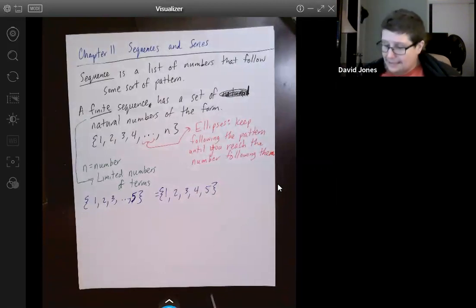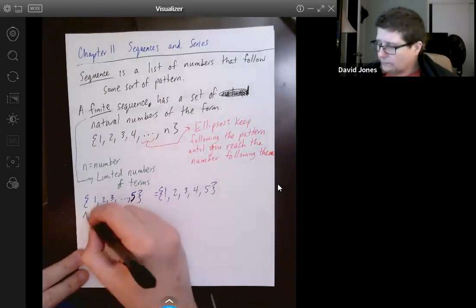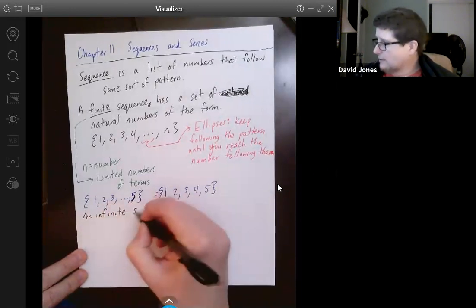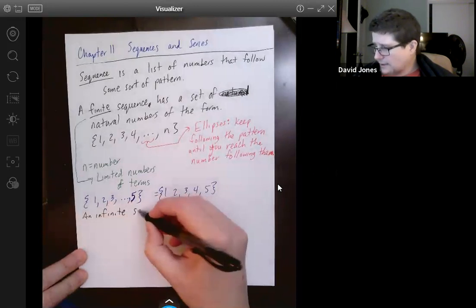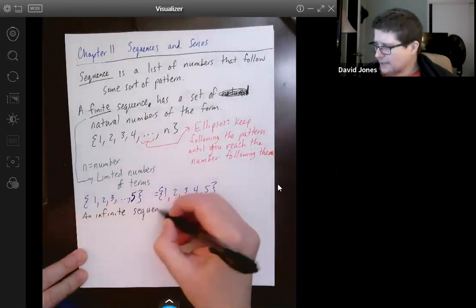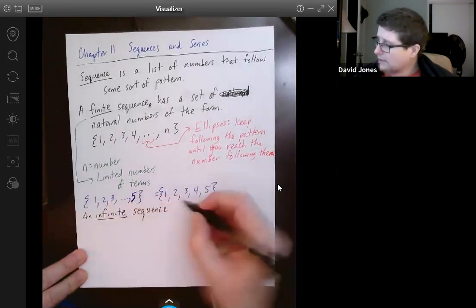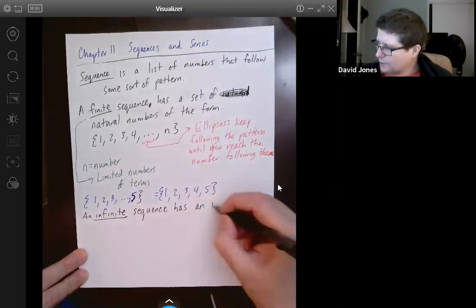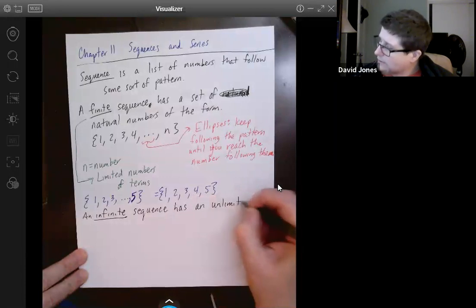That's a finite sequence. An infinite sequence is like a finite sequence, except it has an infinite number of terms, an unlimited quantity of terms.